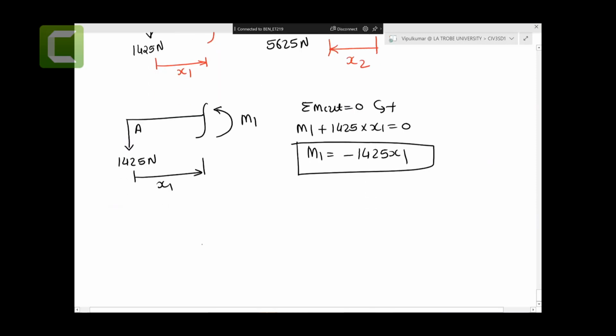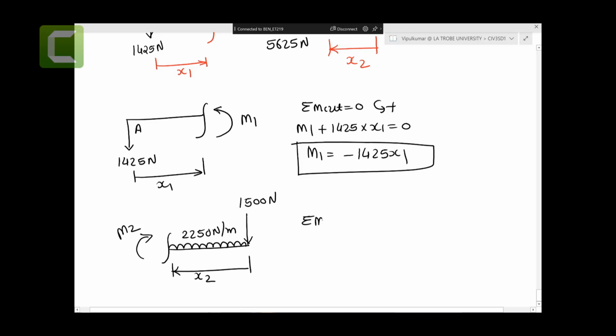Same thing, we can do the second cut. M2, which is 1500 Newtons, UDL load of 2250 Newton per meter, and at a distance of x2.